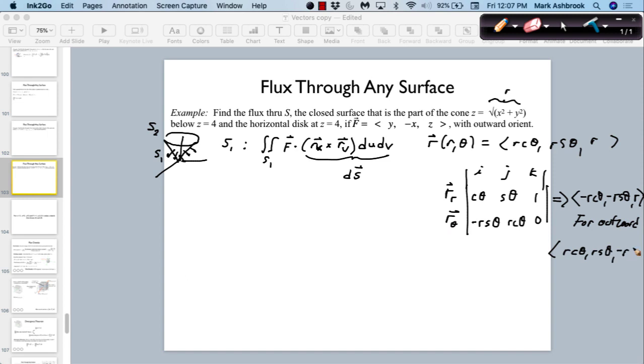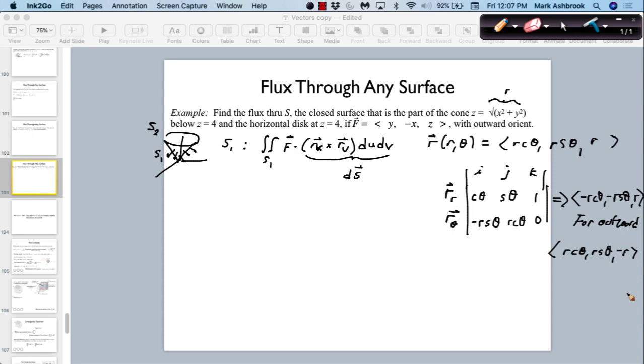Negative r. And now those vectors will point down and out and agree with outward orientation rather than what we did. We would have gotten that if we had done theta cross r. Okay, did you guys get your question answered? You guys are good? Yeah, okay.